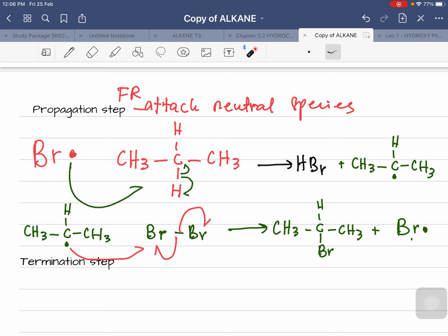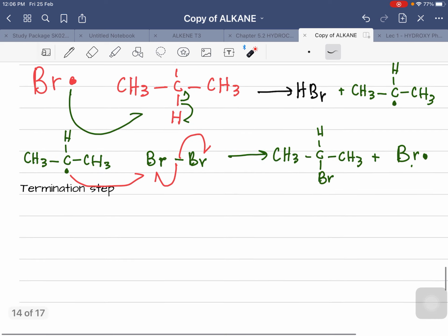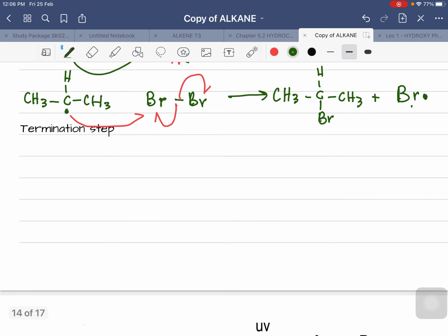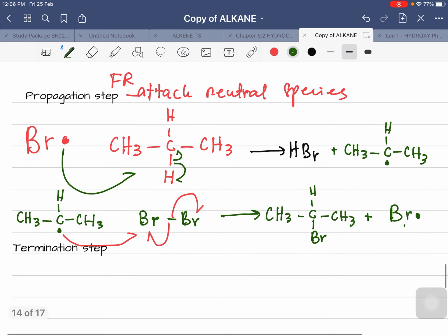Since we keep producing free radicals, we need to stop this reaction. How do we stop the reaction? We need the termination step, which stops the reaction from producing another free radical. Now let us list down the free radicals that we have produced. In our propagation step, we produced two types of radical, which are alkane radical and bromine radical. These two types of free radical can have three combinations. The first is alkane radical and alkane radical combined together. The second is alkane radical and bromine radical.